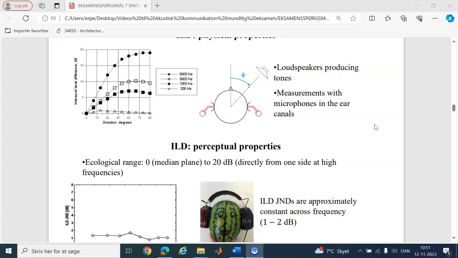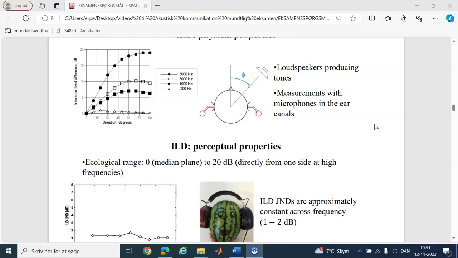The sound will arrive at the right ear first and then diffract around the head, but the high frequencies will not be received by the left ear.